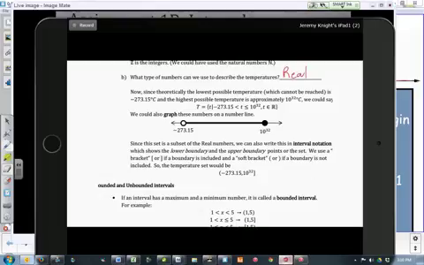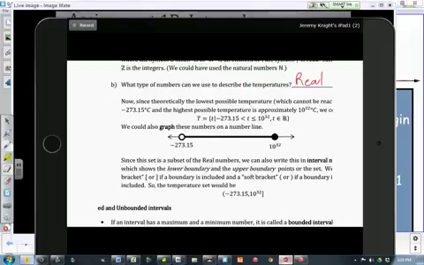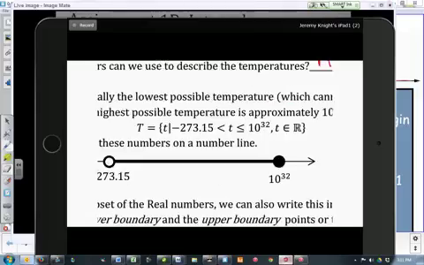Now, theoretically, we have absolute 0, and scientists say there's a maximum possible temperature of 10 to the 32nd. So we could say temperatures can be anywhere between negative 273.15 degrees Celsius, supposedly, and 10 to the 32nd degrees Celsius. We don't know. I don't think we're going to be around to measure that.